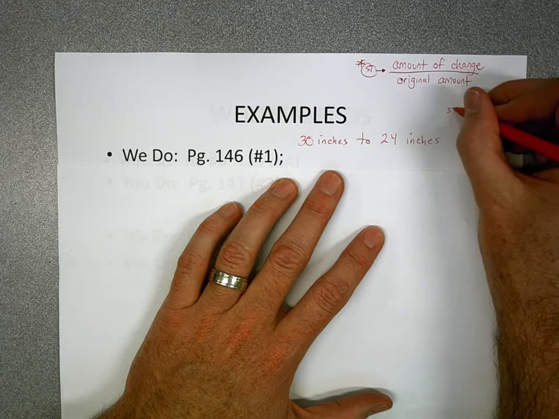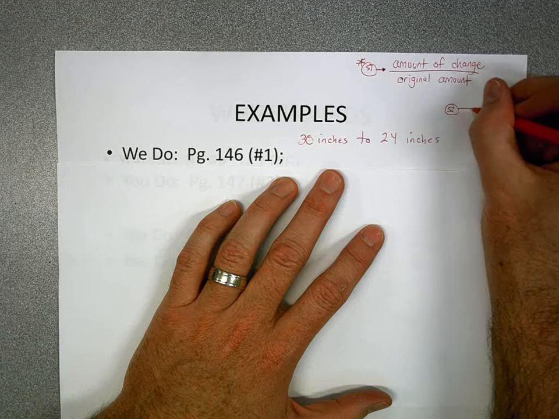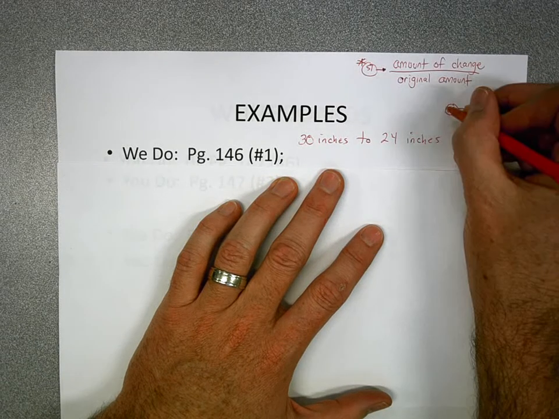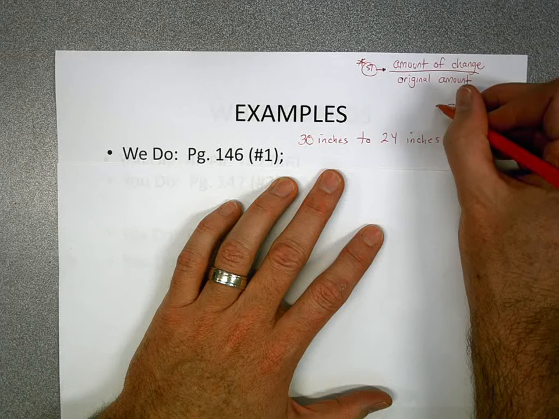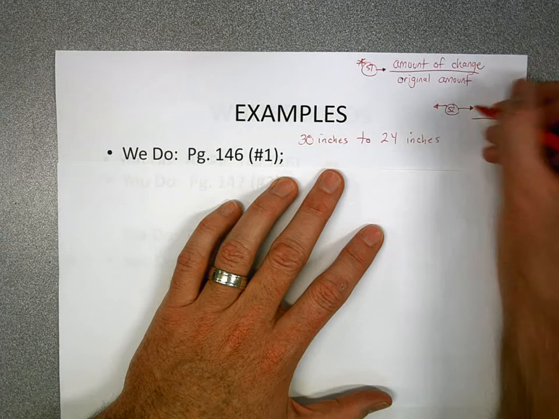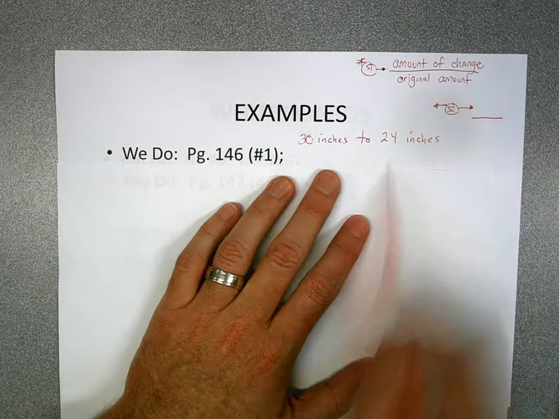So going back down to our problem, go ahead and go to step 2. Here's what we're going to do. We're going to find out what the amount of change is. You might already be able to do this in your head, but for note purposes, write this down, so when you look at it later, you'll remember. To find out how much it changes, it's going from 30 to 24.